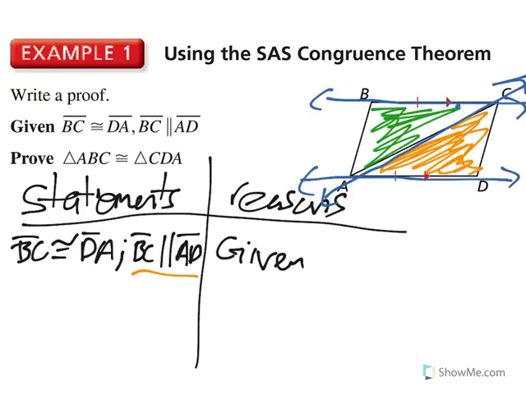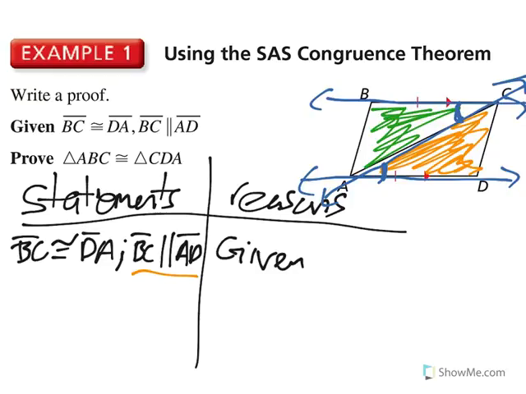So here I can look at this side of my angle and my alternate interior on the other side. Those two angles would be exactly the same based on alternate interior angles of parallel lines and transversals. So I'm going to write that statement.